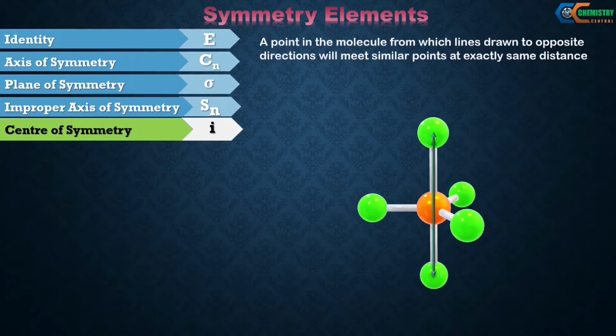But if we draw a line from any of the equatorial fluorine atoms to the center of this molecule and extend it further, we will not find any fluorine atom in the opposite direction. So there is no center of symmetry for these atoms. Therefore, the molecule cannot undergo inversion and produce an equivalent or identical structure. So this molecule does not possess center of symmetry.